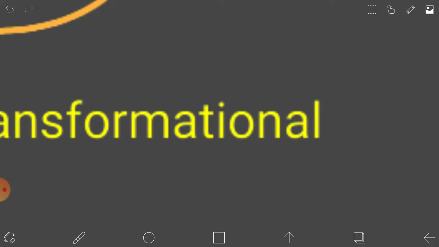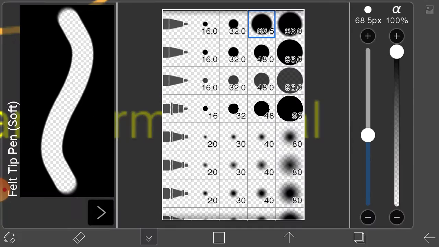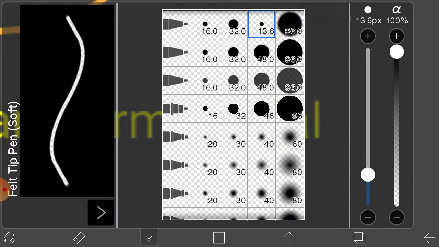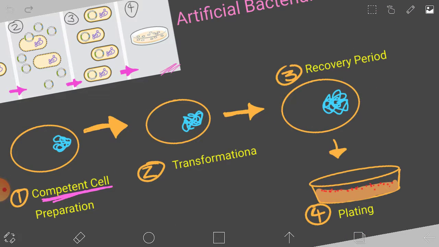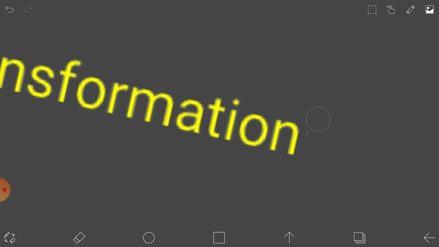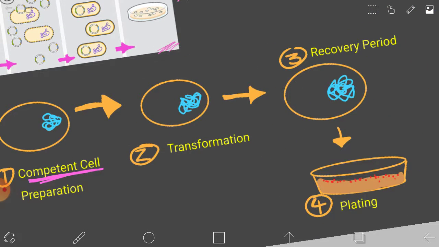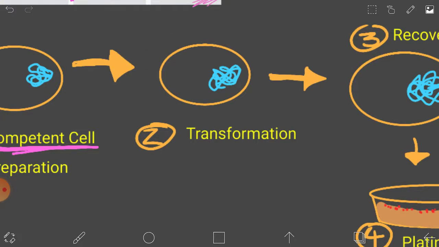Now we're in transformation. Don't mind that, that's just a typo. It's transformation, guys, not transformational. Make no mistake. Now, transformation is when the competent cells are thawed on ice to retain viability.